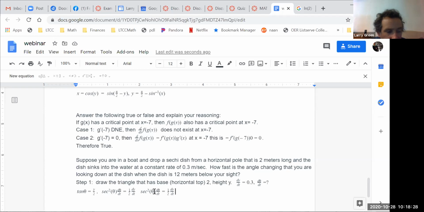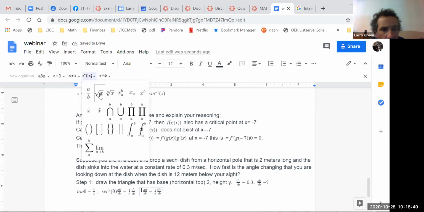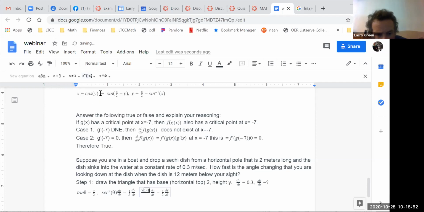So it's the square root of 148 over 2, because it's secant. And then dθ/dt, that is what we want, so we leave that one, equals 1/2 dy/dt, and dy/dt is 0.3.